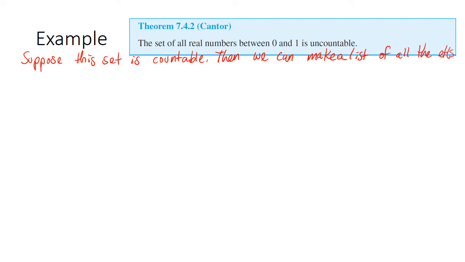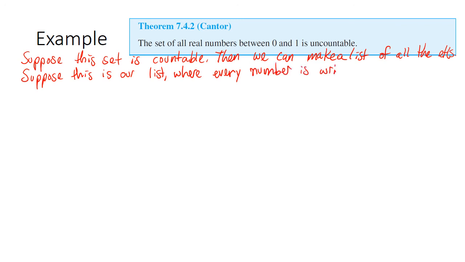Suppose this is our list, where every number is written in decimal form.